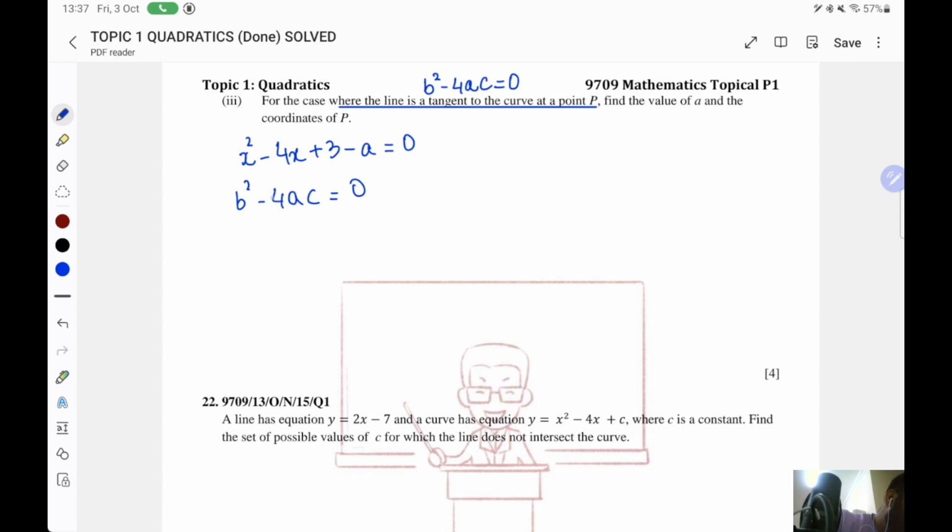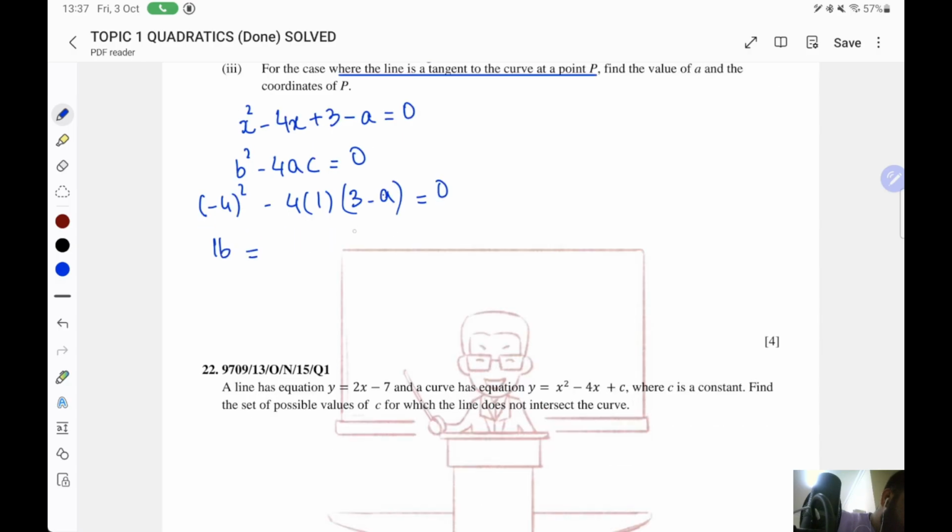If I substitute the value of b as minus 4, the value of a as 1, the value of c, which is a constant, as 3 minus a, so 16 minus 12 plus 4a equals 0. The value of a is minus 1.